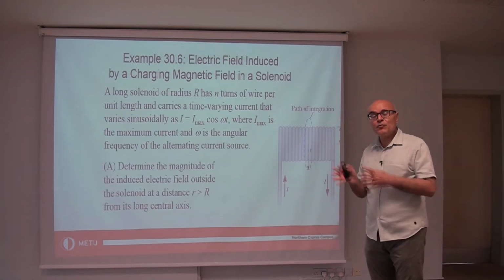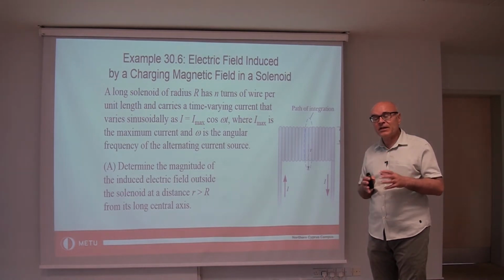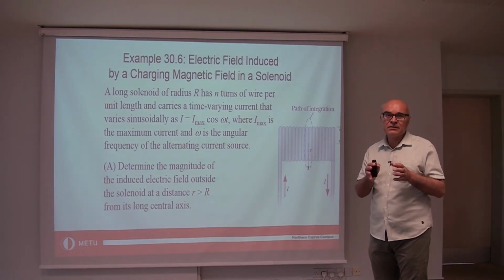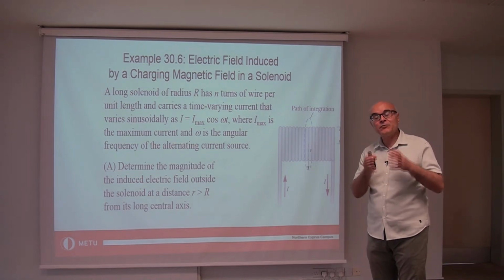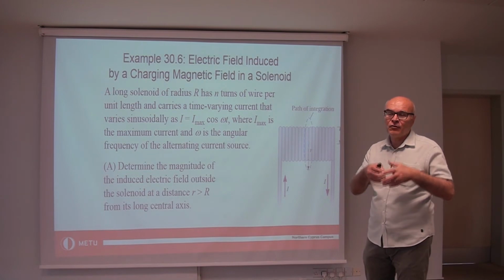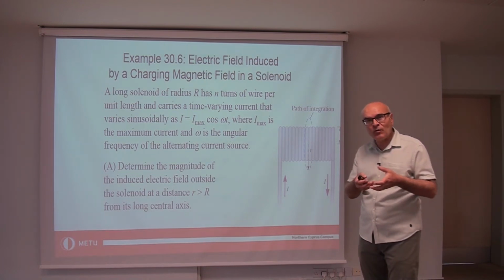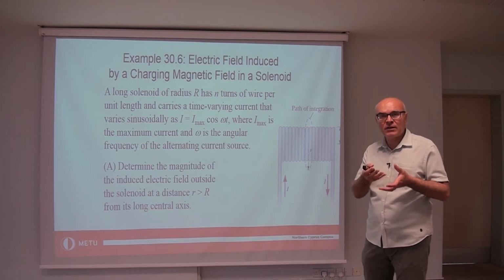Now we are going to consider a more specific and more quantitative example, and we will try to find the electric field that will be generated in the vicinity of a solenoid that has a current flowing through it varying with time.